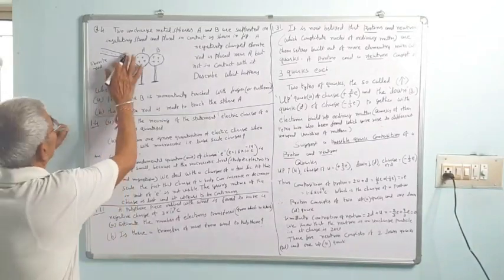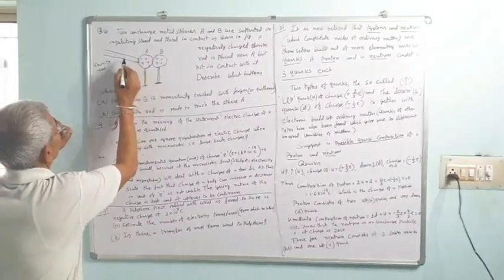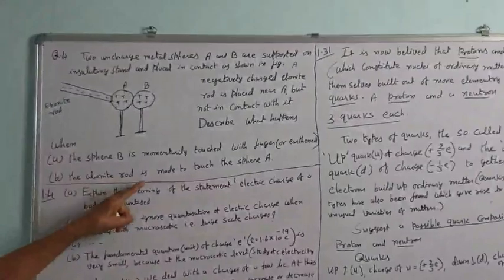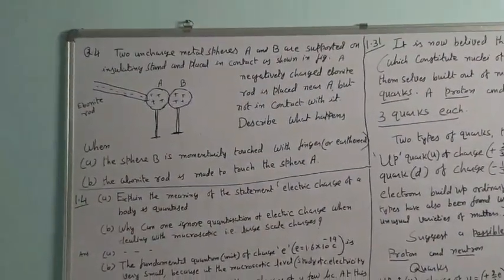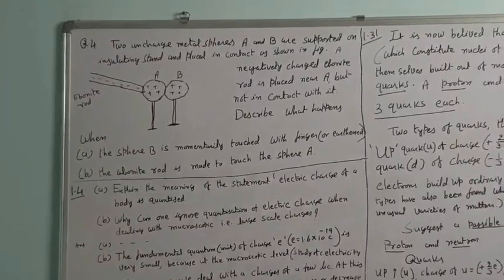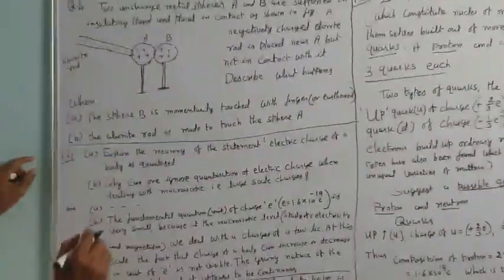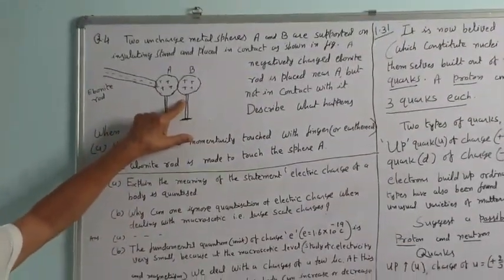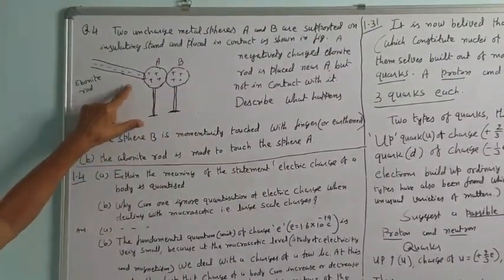Now if the ebonite rod is made to touch the sphere A, can you say what would happen? The charges on A and B remain unchanged because ebonite is an insulator.